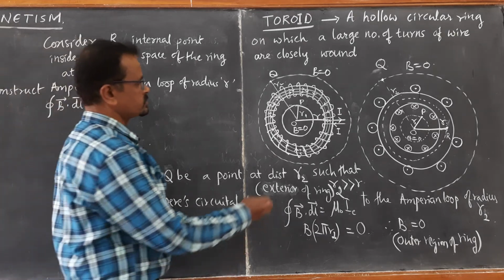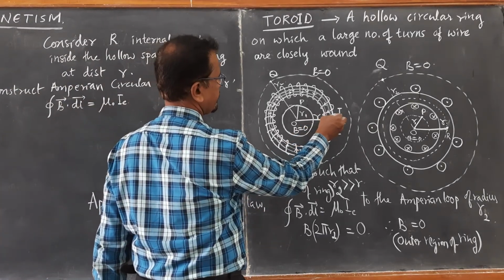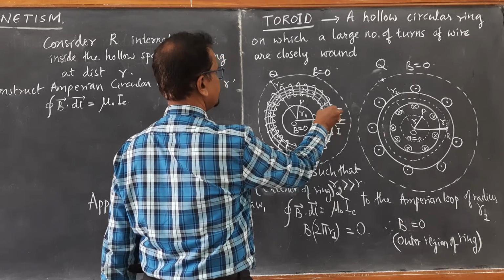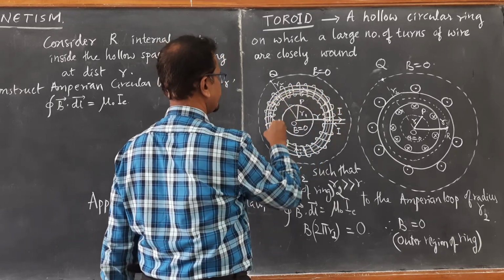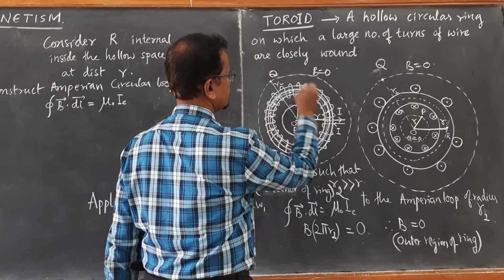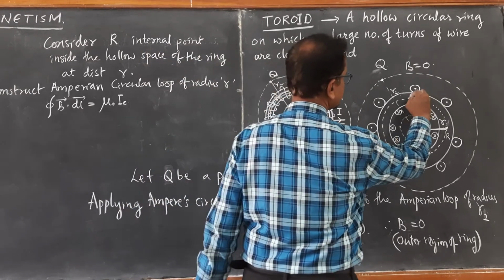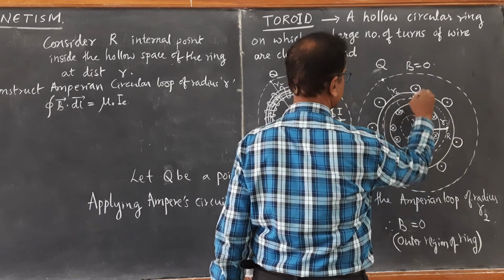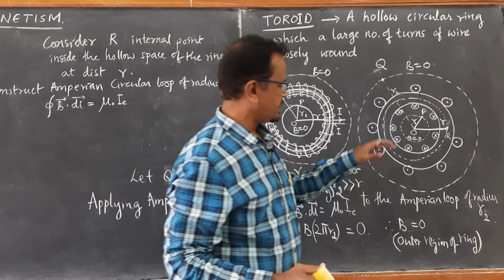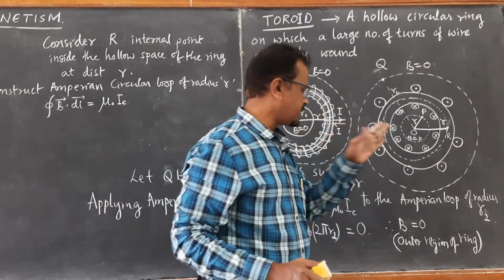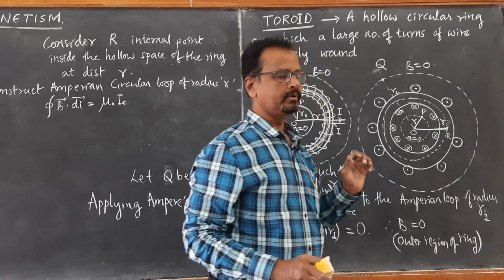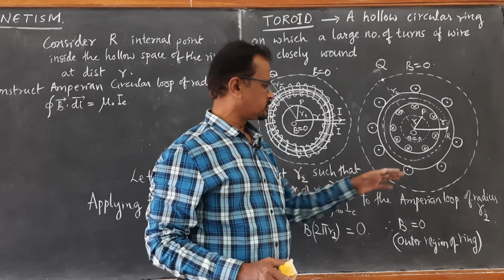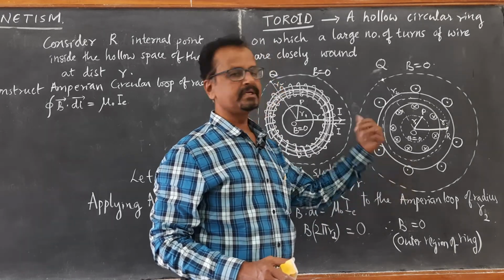The current enclosed by this point, which is at average radius r, will be confined to this particular Amperian loop. This includes only the current which is entering perpendicular to the plane of the board. That is going to be taken as positive current. It does not include the current that is emerging out.